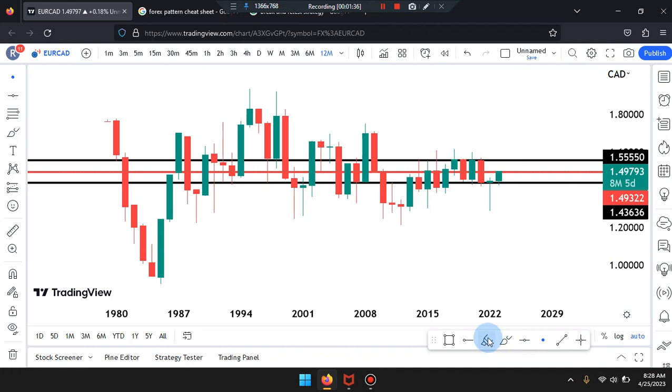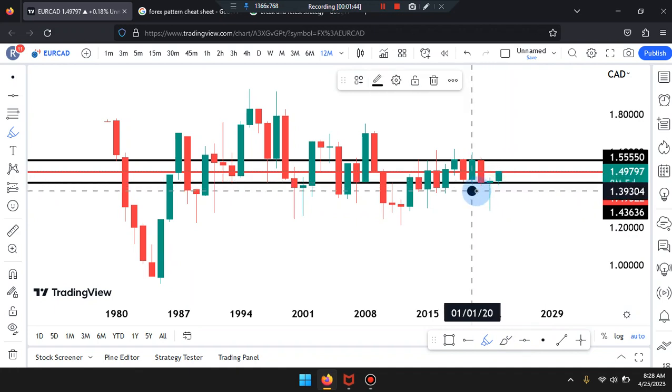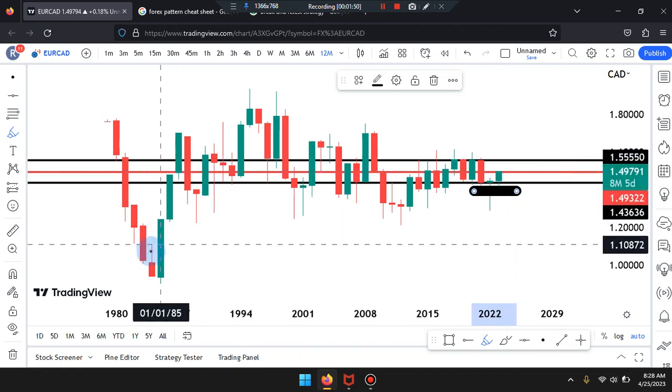So let's take a look at what pattern is being formed. So price action, as I said before, bullish green candle coming from support of the second leg. So we're going to see if that market pushes up. If that market pushes up, let's see where it's coming from. We can see where market started off.